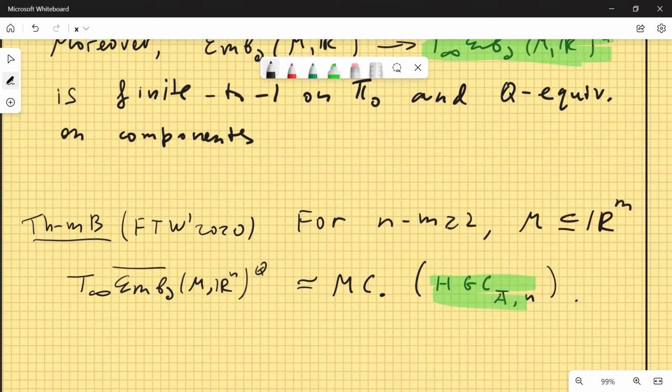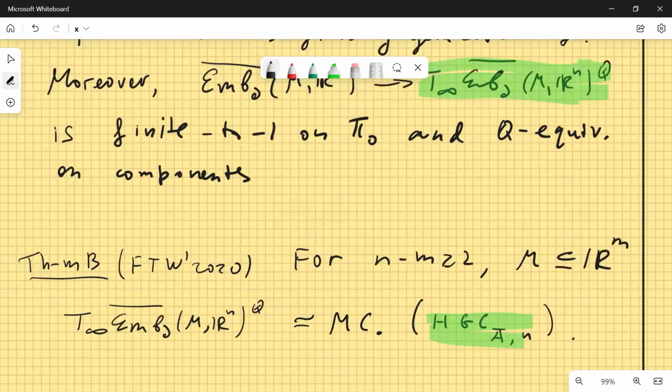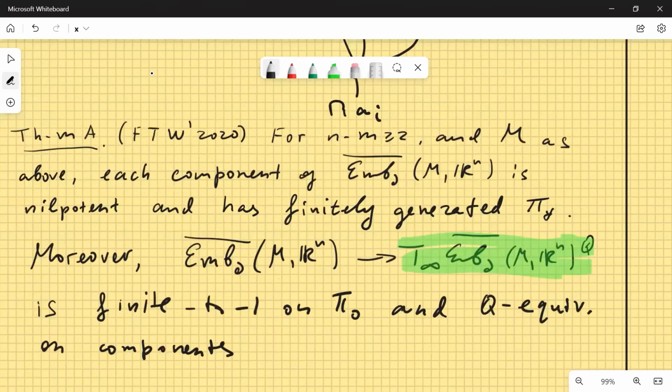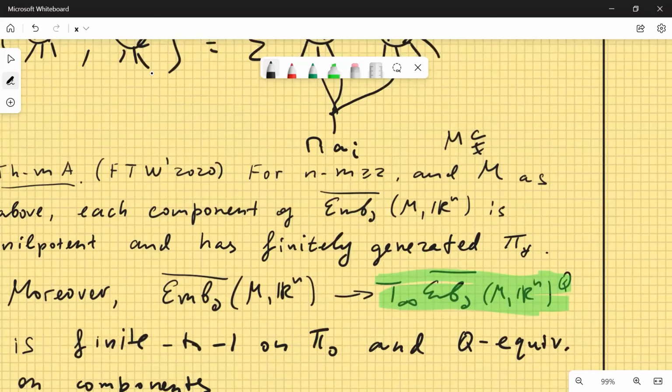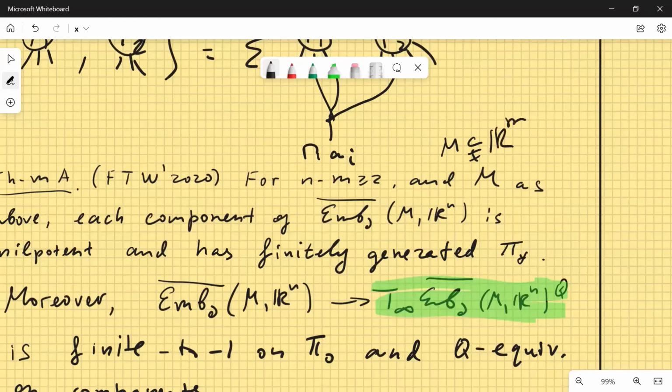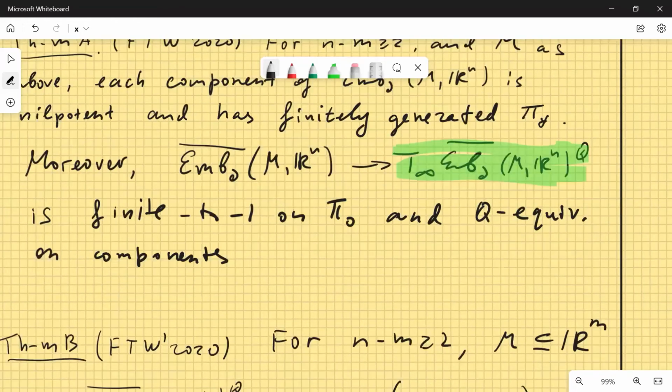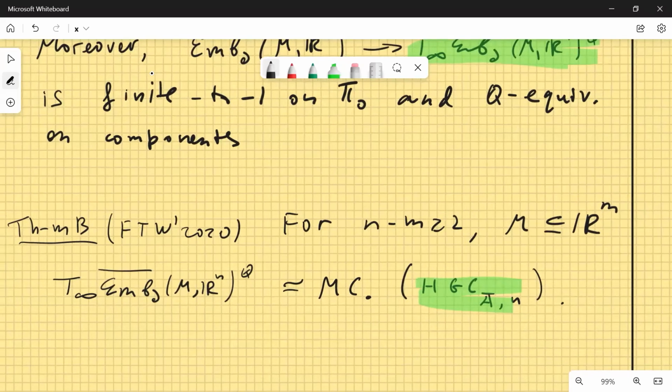So in the previous theorem, we always assumed that m is above and does not coincide with R^m. If you want to study the space of long knots, we need to have codimension at least 3. But when the codimension is 2, we can still compute the limit of the tower.